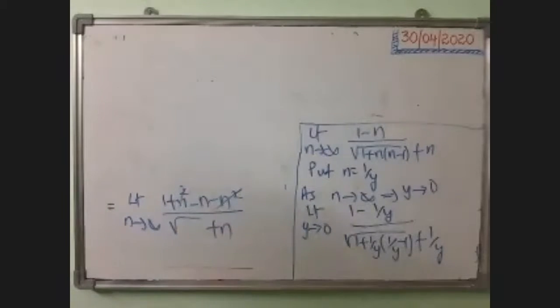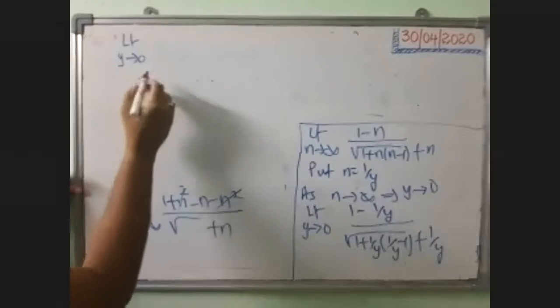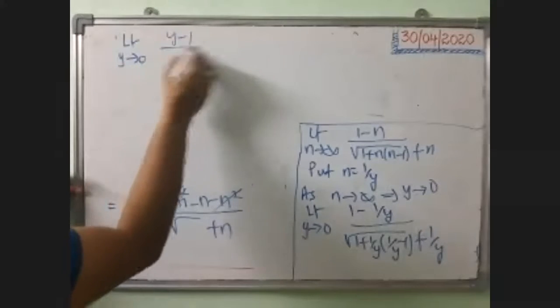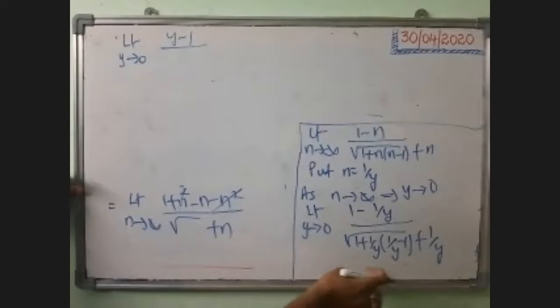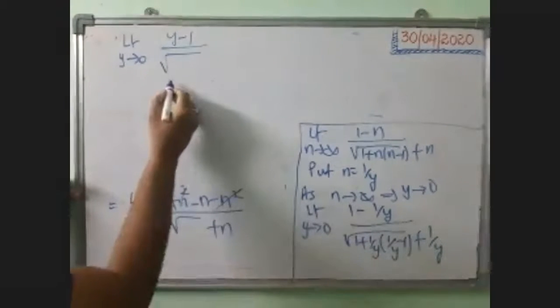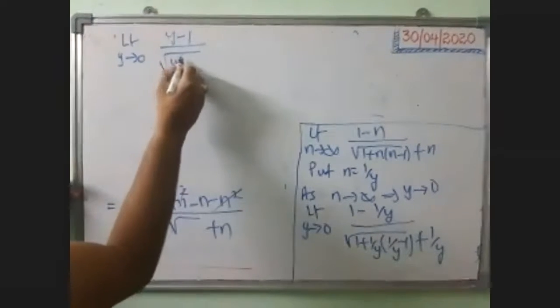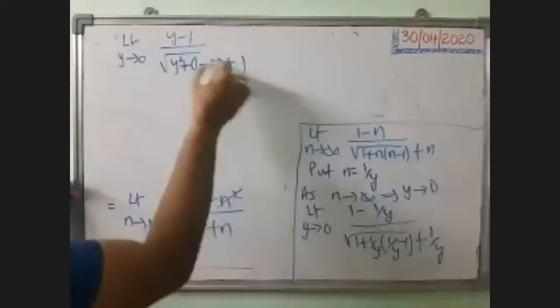So now you get limit y tends to 0 of y minus 1 by... here also you can take y common. Y square root is y. In the denominator the LCM is y. It gets cancelled. What I'm getting is under root of y square plus 1, minus y, plus 1.